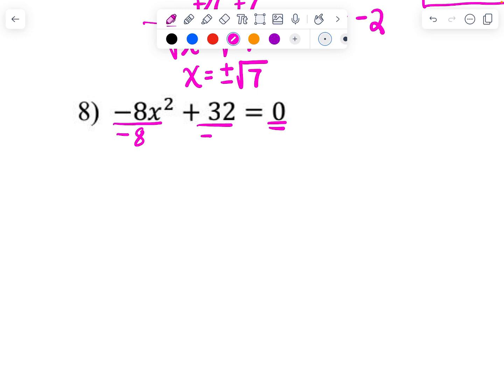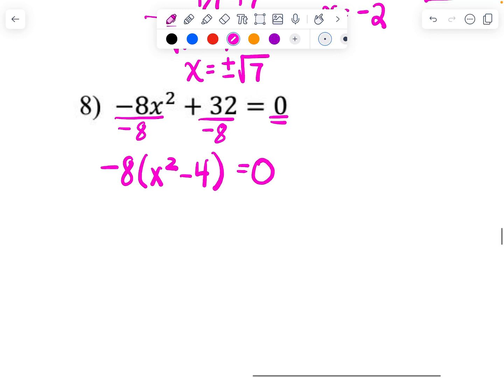I do not want a negative leading term inside, so I need to factor out any negatives. I'm looking for positive leading terms inside those parentheses. So negative 8x squared divided by negative 8 is just x squared. 32 divided by negative 8 is negative 4, and that equals 0.